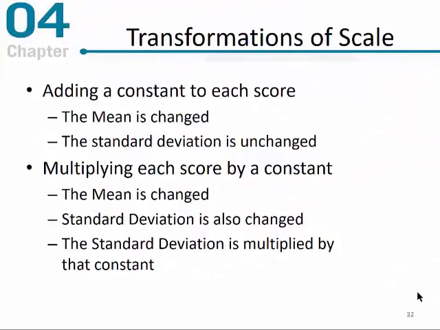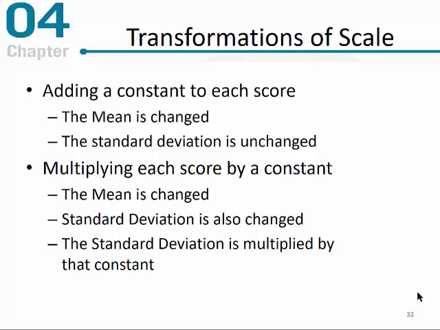Remember from last time that the mean had certain characteristics. So when we did certain things, the mean behaved accordingly. Remember when we said we add a constant to each score. For example, we added +3 to each of the scores, and the mean changed according to that. So the mean then changed +3 also.